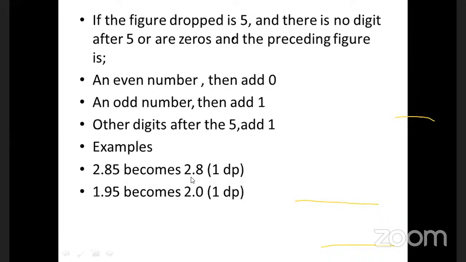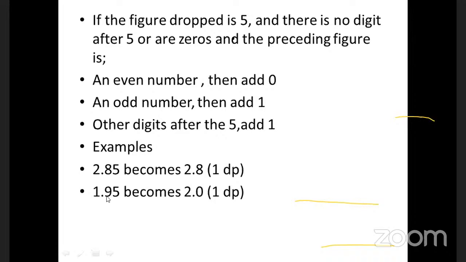Next, we now have here 1.95. We are to again round this to one decimal place. As we round it to one decimal place, the figure to be dropped is what? 5. Is it okay? The figure that was supposed to drop is 5, and the preceding digit is 9.